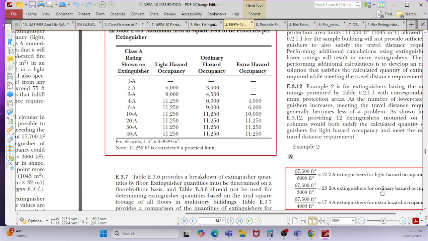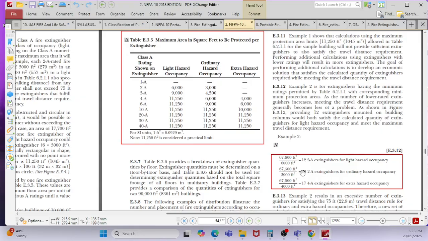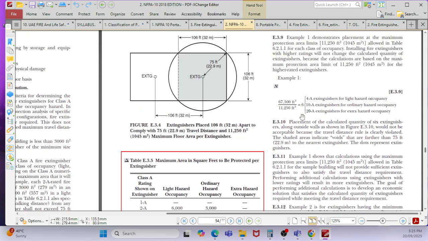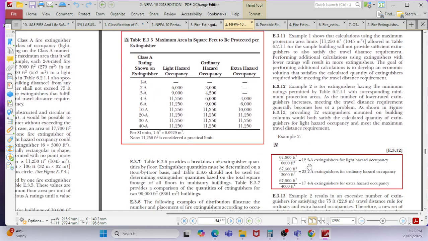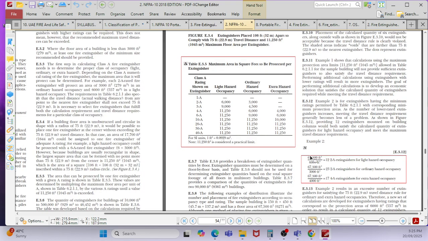So if you have light hazard, then you can use 2A: 67,500 divided by 6,000, you require 12 numbers. If you are using 4A, 6 numbers. If you are using 2A, you have to use 12 numbers, because this will cover 6,000 square feet, but 4A can cover 11,250 square feet. So there are a number of extinguisher selections.